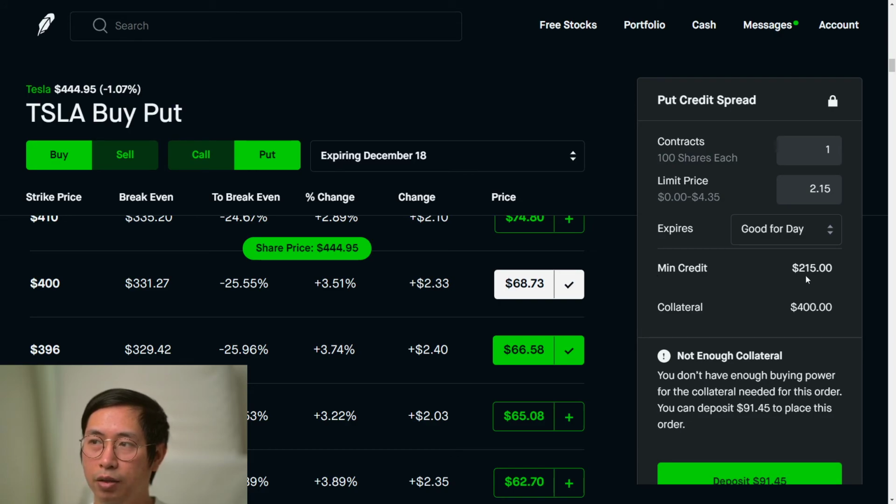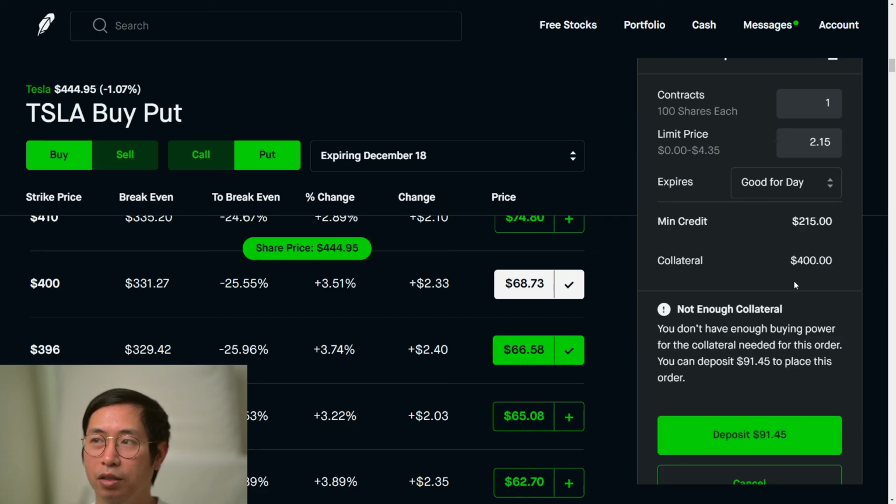The minimum credit is $215. So, if we're right, and on December 18th, Tesla is above $400, we're going to get $215. And the collateral for this is $400. So in order to open this put credit spread, we have to set aside $400.